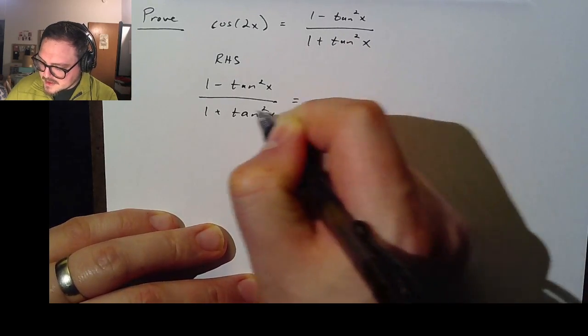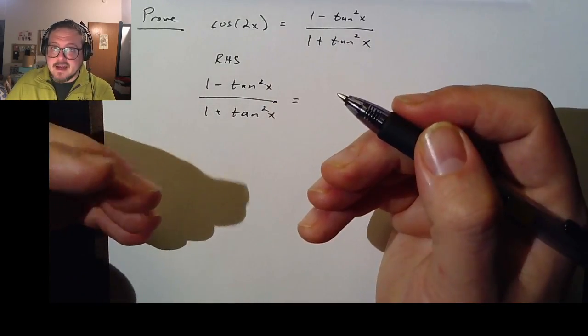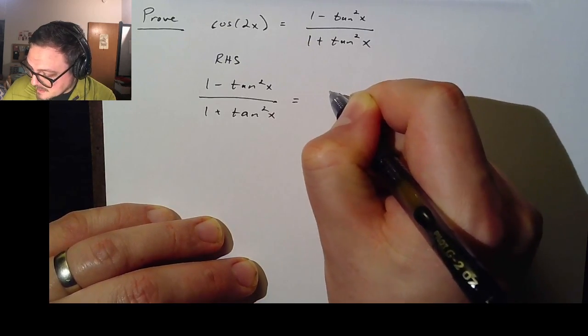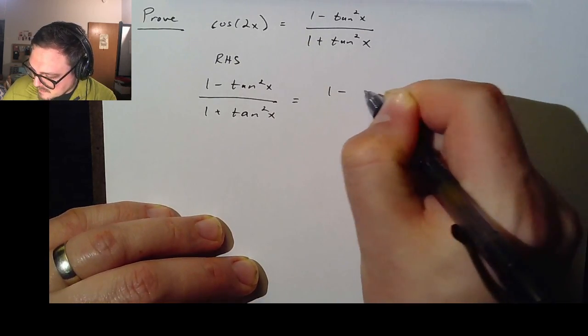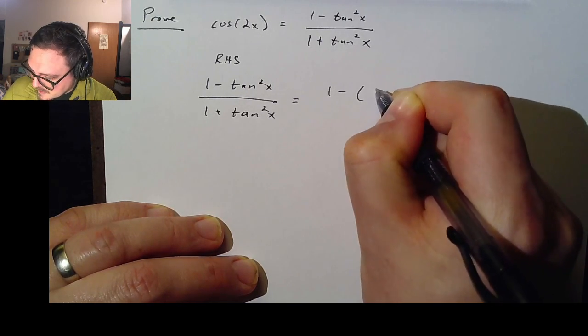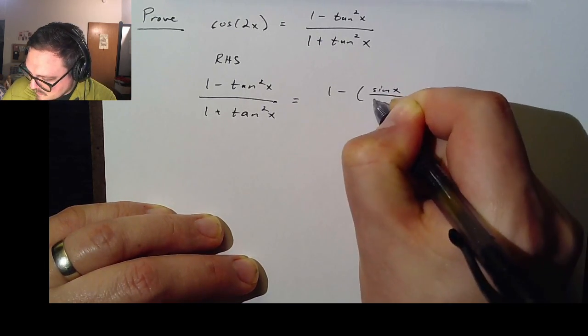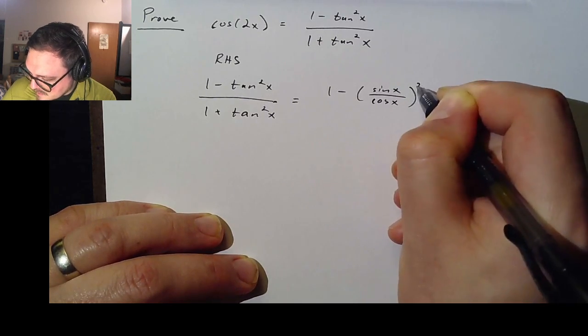So from there, I'm just going to apply the basic identity I know. Tan theta is equal to sine theta over cosine theta. In this case, I'm going to say sine x over cosine x, quantity squared.